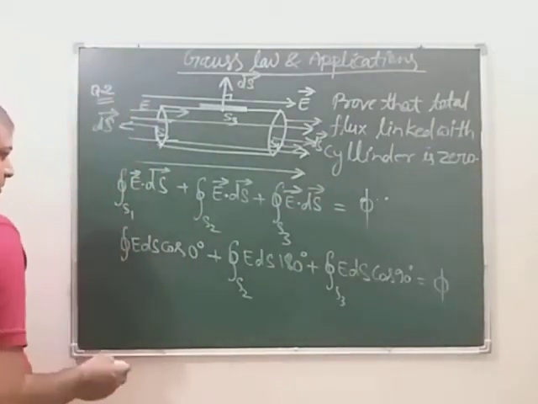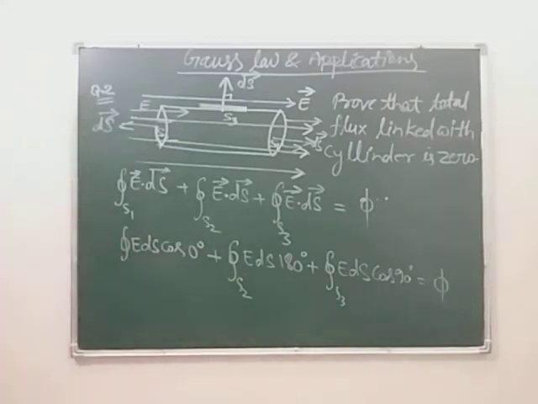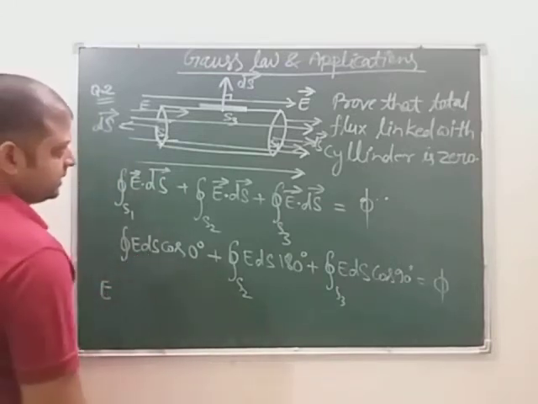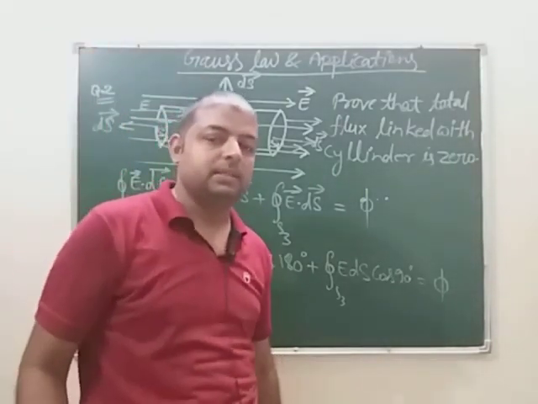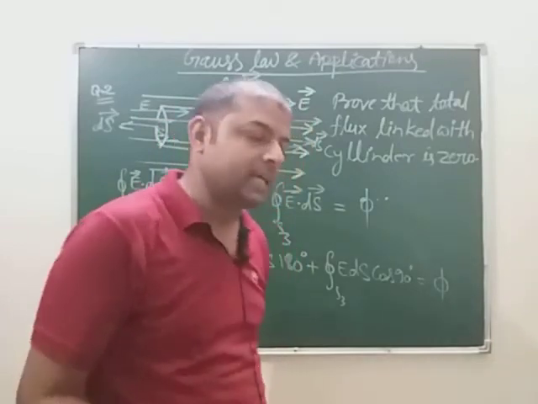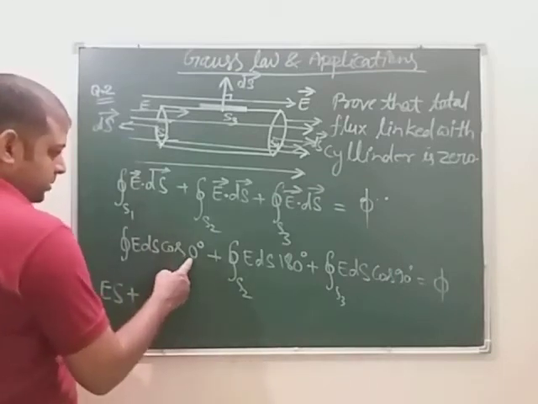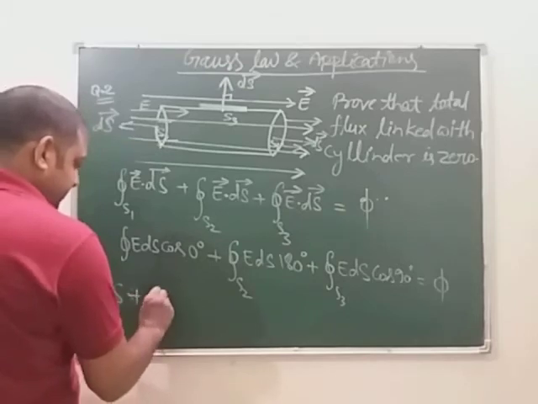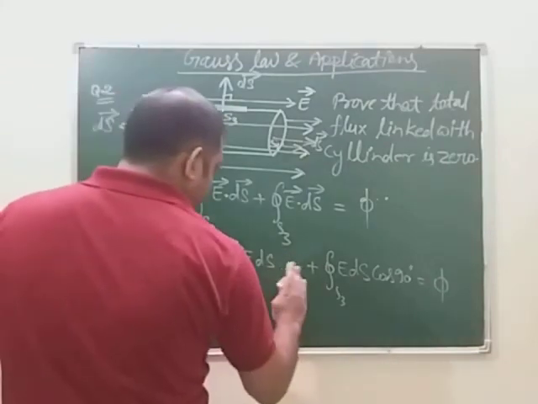So E is a constant term because the electric field is uniform. If the electric field is uniform, then the integration of dS, suppose it is capital S, then what will happen? ES plus, because cos 0 is 1, plus ES cos 180 degrees.